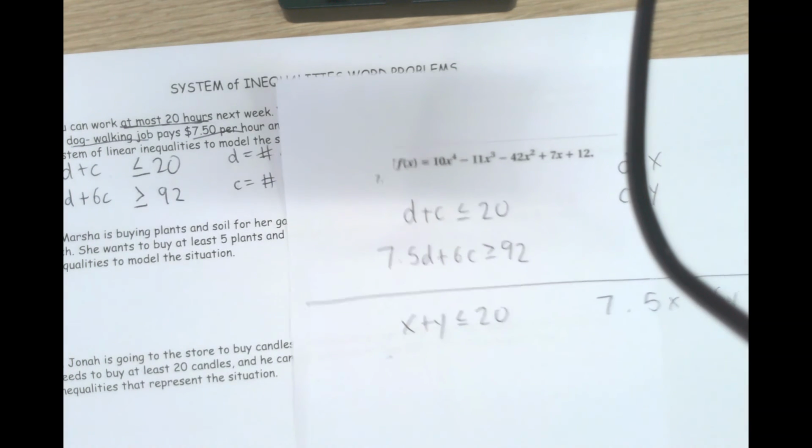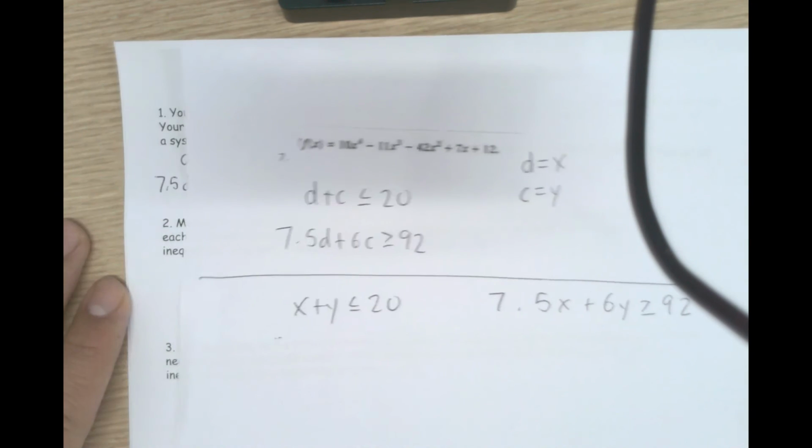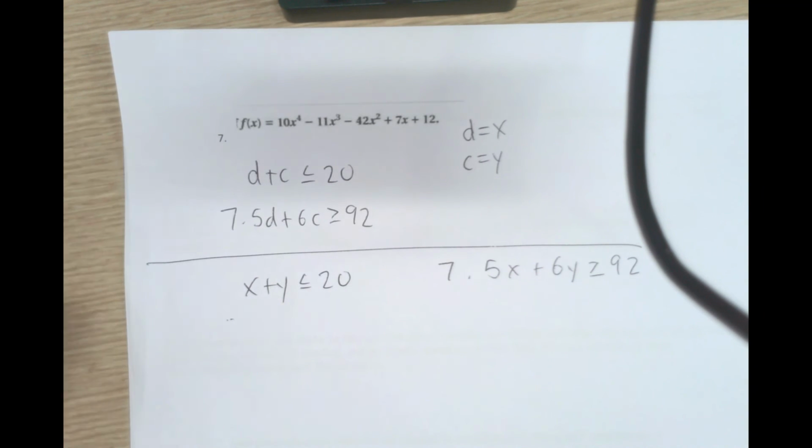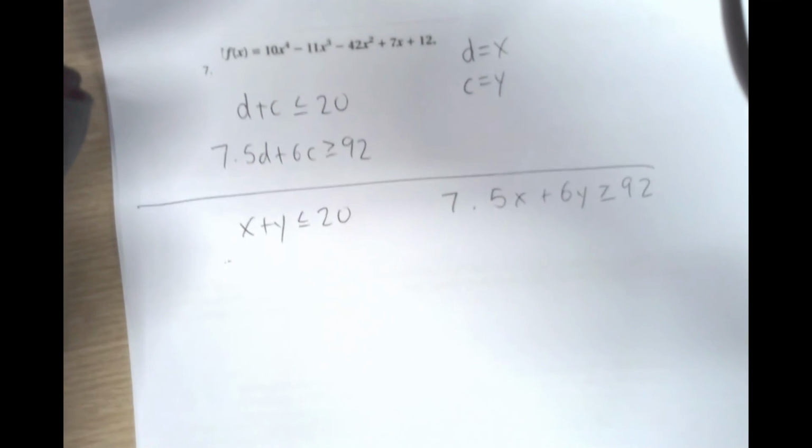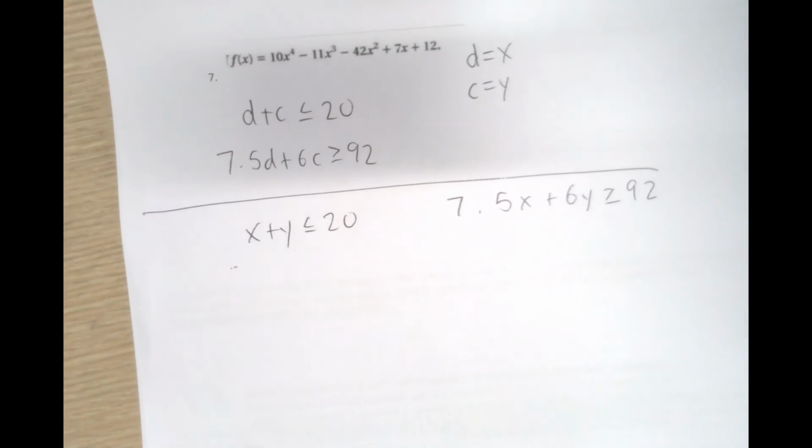Okay, so when you graph these inequalities, is x usually by itself or is y by itself? Usually y is by itself. So our whole intention here is to make sure that y is by itself.